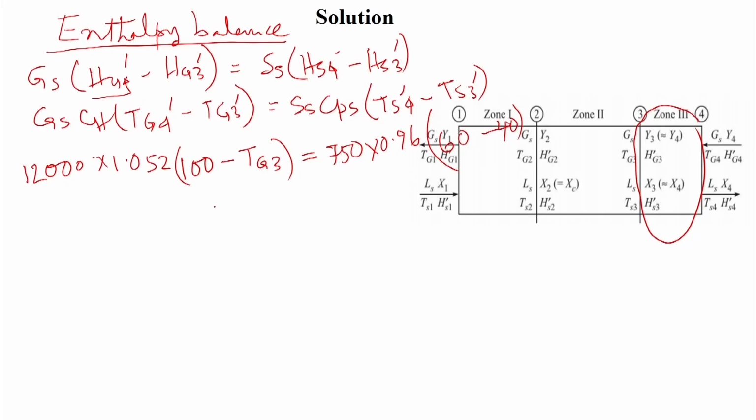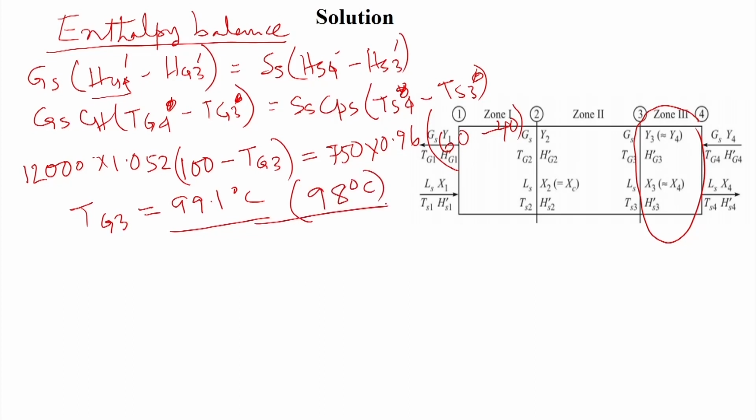So, now from here we can find Tg3. These are not prime values actually. So, Tg3 is 99.1 degree Celsius, and from the psychrometric chart we got 98 degree Celsius. So, both are almost similar.